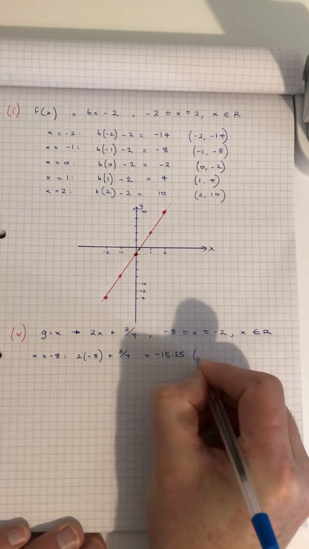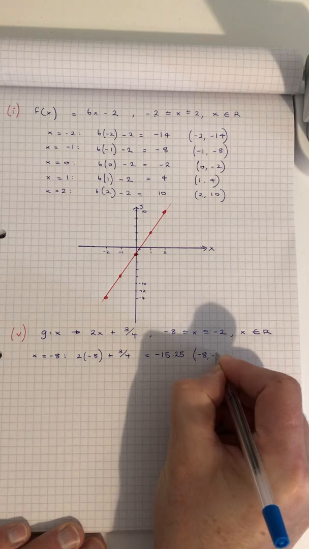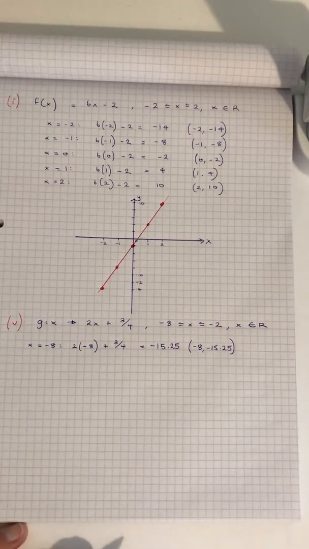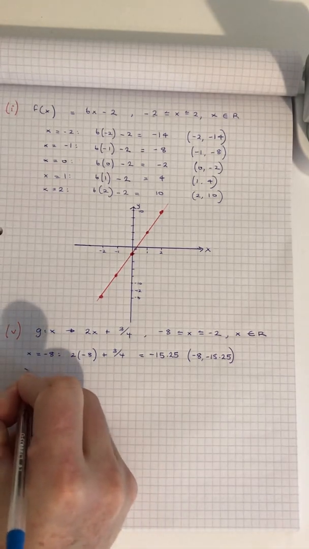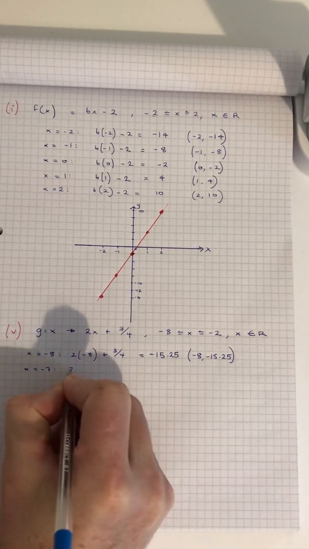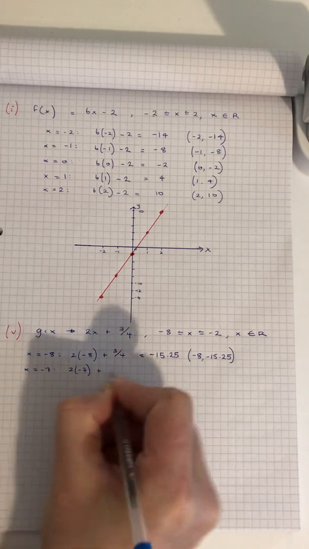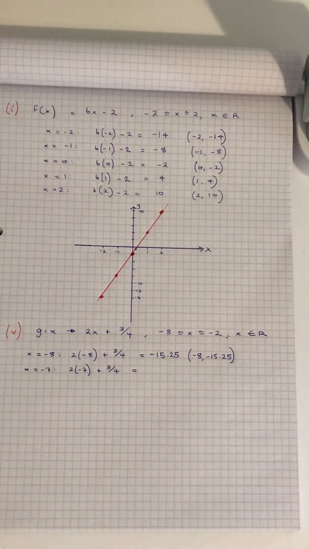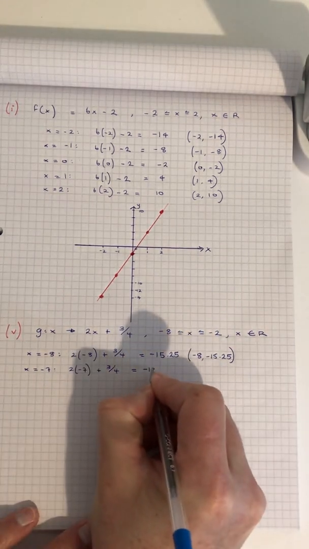Okay, so that might encourage you to use the calculator maybe more often, okay, just with the decimals. When x is minus 7, 2 times minus 7 plus 3/4 will be minus 13.25.